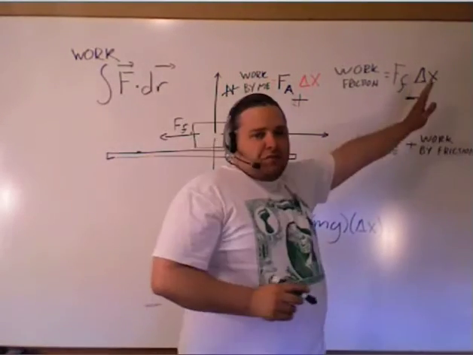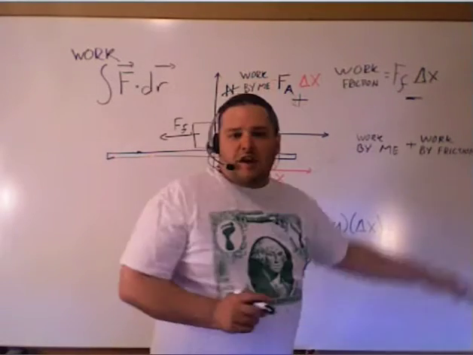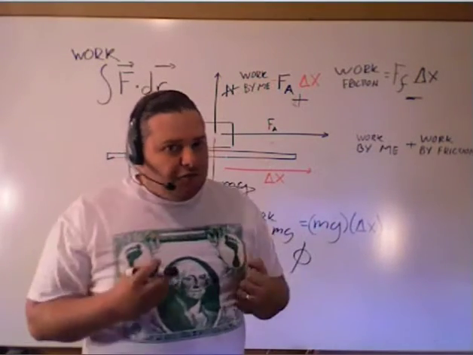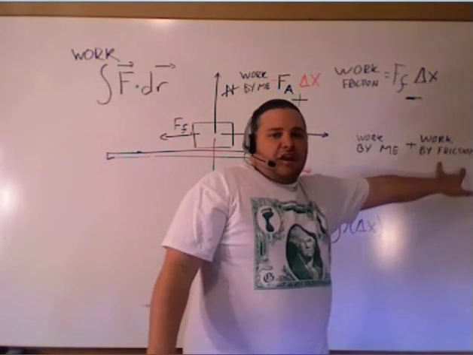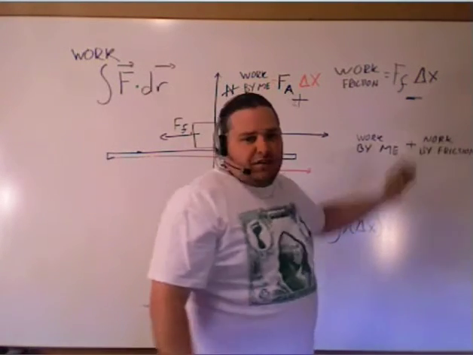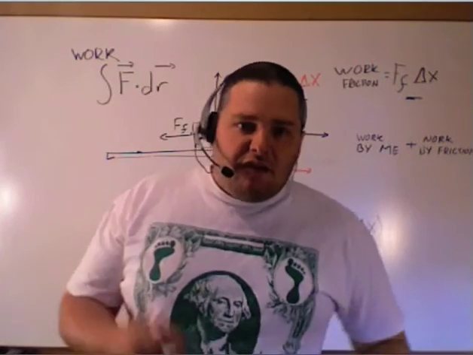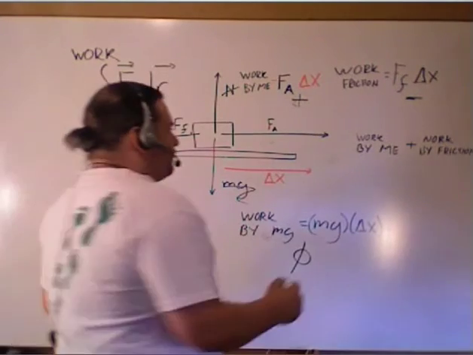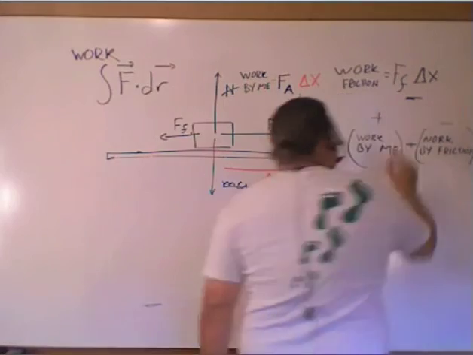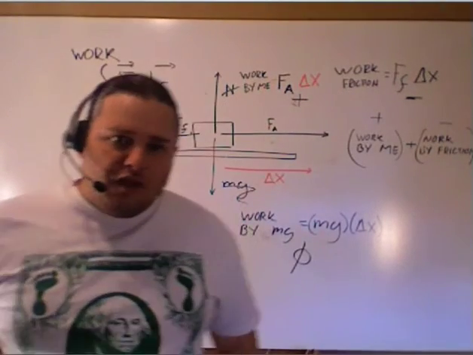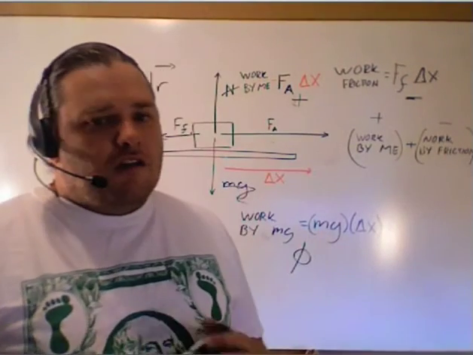So all of this work and all of this work, add that together and you get the total work. Be careful: this is a negative value. So this positive plus this negative, I'm actually going to be subtracting that work out from friction, because this right here is negative and this is positive. Okay? So that's how work is actually going to make our lives a lot easier.